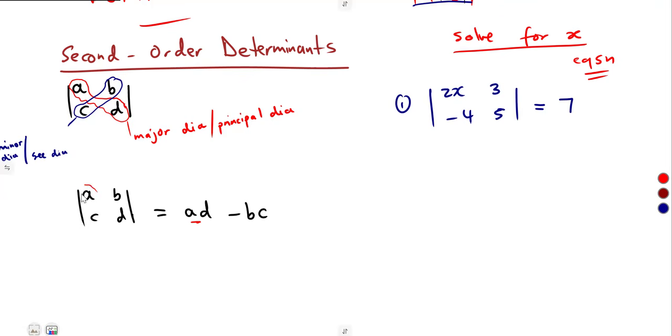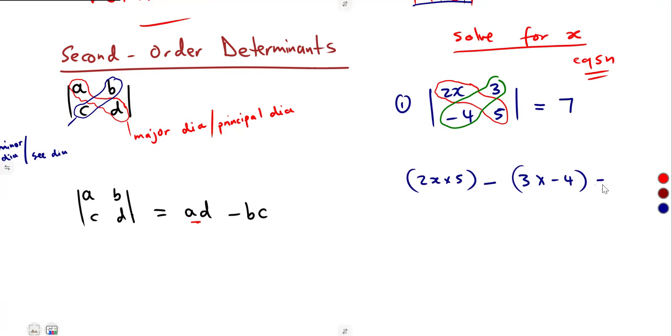AD, the major diagonal, A and D, our principal. So if I multiply 2x and 5, all right, then subtract the minor diagonal B times C, which is 3 and what? Minus 4. If I subtract the product of these two, 3 times negative 4, I'm supposed to obtain positive 7.